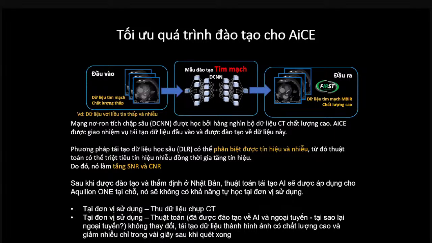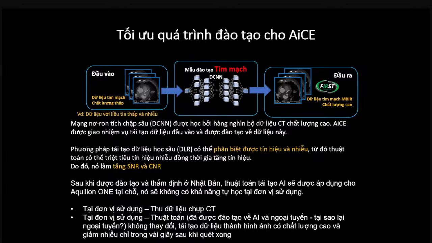The deep learning reconstruction method is able to differentiate signal from noise so that the algorithm can suppress noise while enhancing signal. In other words, it increases the signal to noise ratio and contrast to noise ratio. Once the network is trained and validated in Japan, the AI reconstruction algorithm is applied to your scanner on site, where it does not continue to learn.